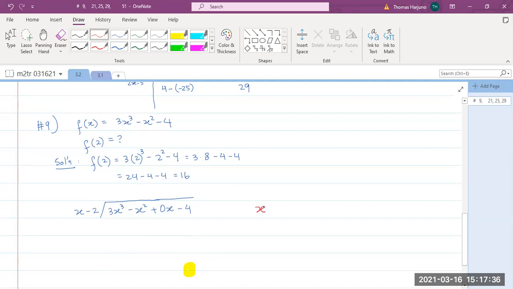From that, x minus 2 times what gives us 3x cubed? Multiply by 3x squared, right? So I will multiply by 3x squared here. 3x squared times x is 3x cubed, minus 6x squared.